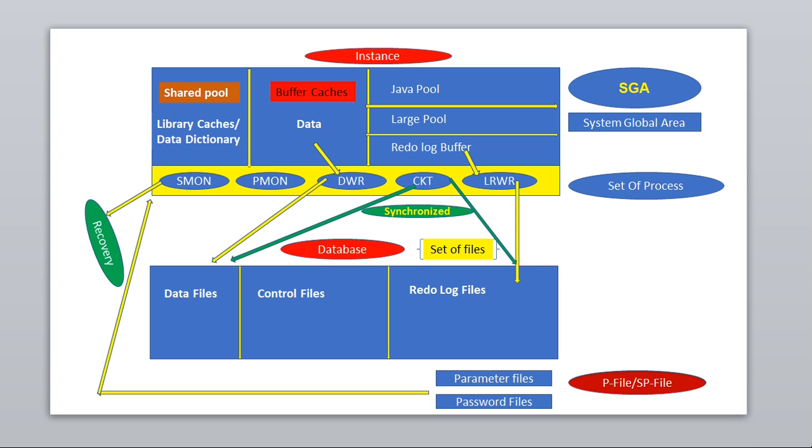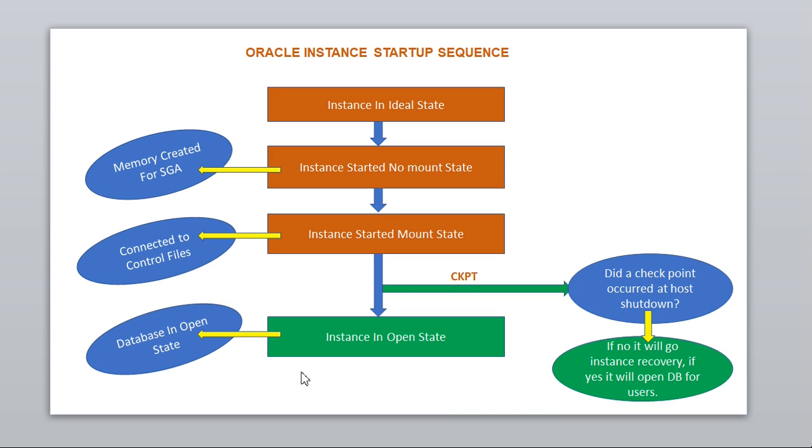The second question, normally asked, is the Oracle instance startup sequence. Normally we are confused if anyone asks it, but it's a simple basic question: how does the Oracle instance start internally? When you hit the Oracle startup command, Oracle takes the process stepwise.